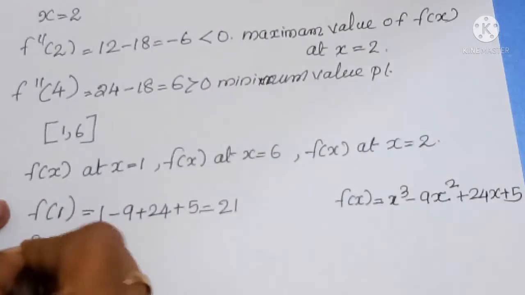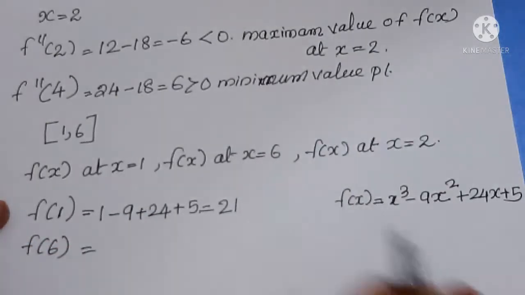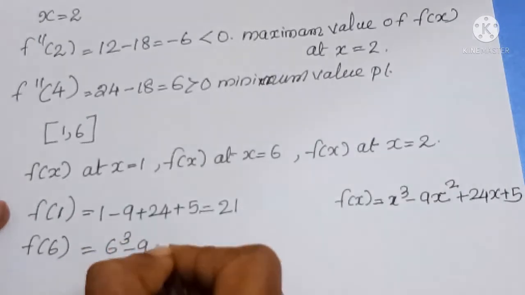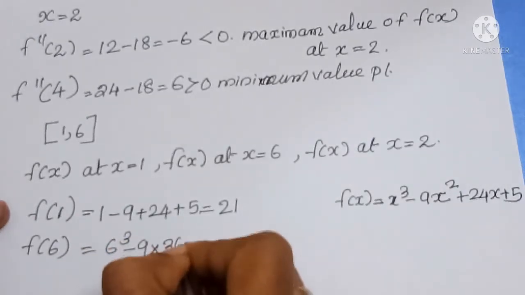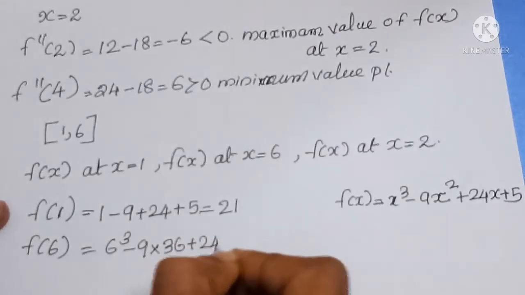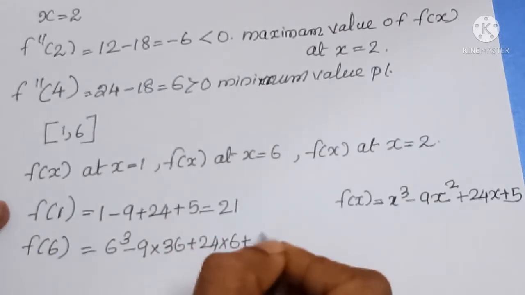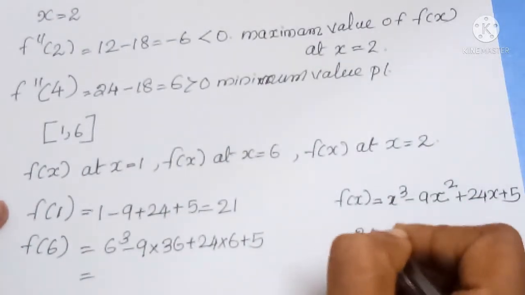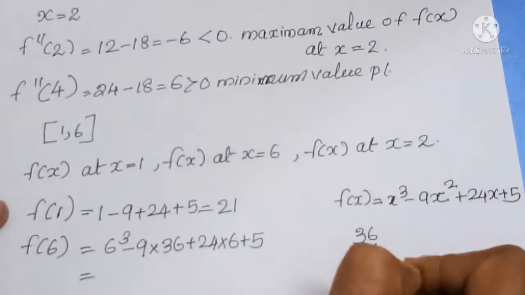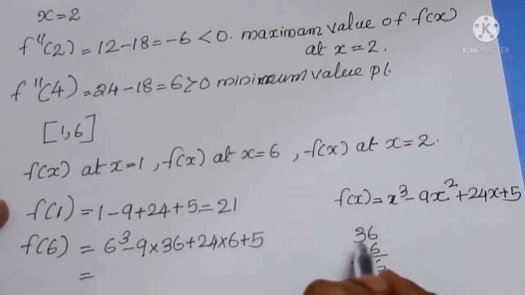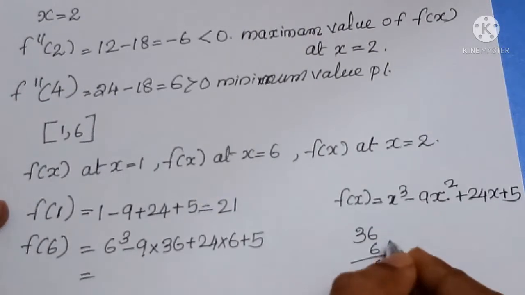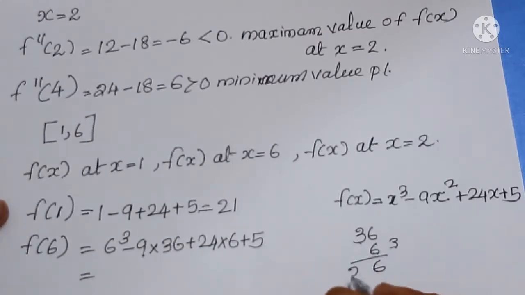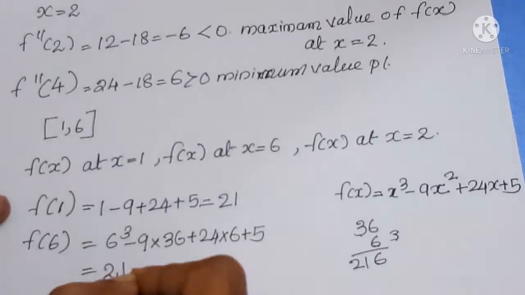Next we need to find out f of 6. Then 6 cube minus 9 into 6 square become 36 plus 24 into 6 plus 5. Okay. We can find out what is 6 cube. 6 square become 36, then into 6. 6 into 6 become 36, then 6 into 3 become 18, so 216.